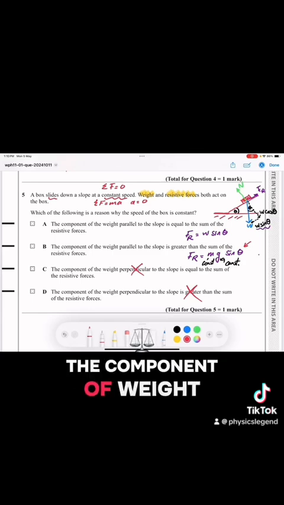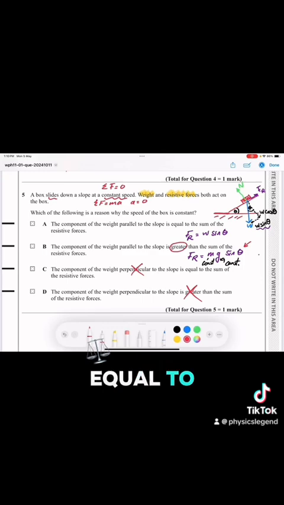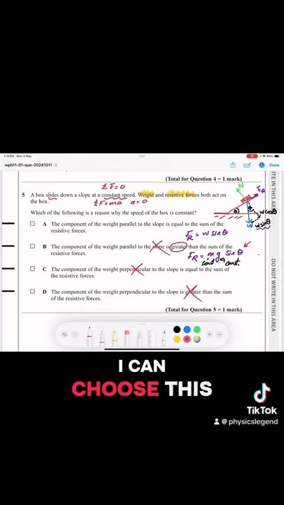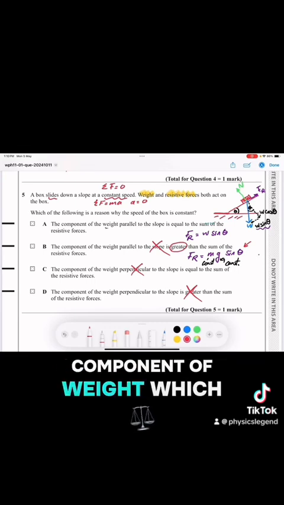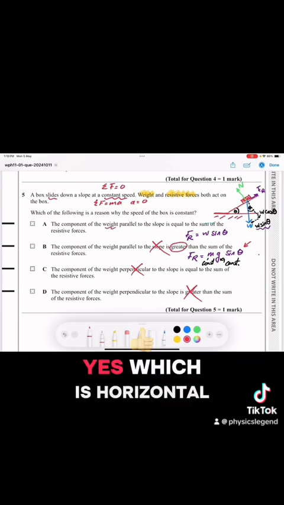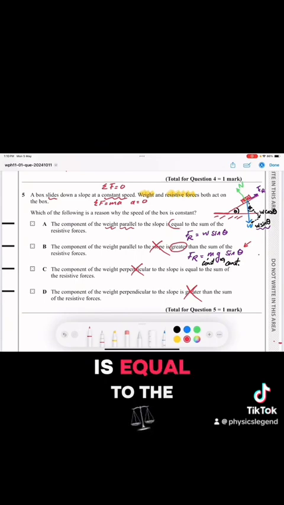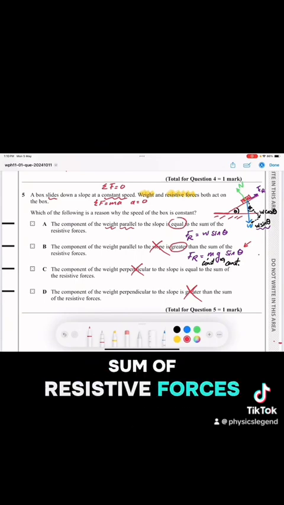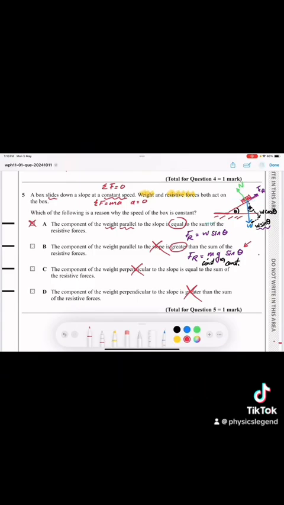The component of weight parallel to the slope is equal to the sum of resistive forces: I can choose this one. So the last one, A, the component of weight parallel to the slope is equal to the sum of resistive forces. So choice A is the correct one.